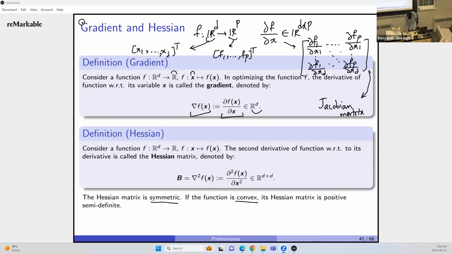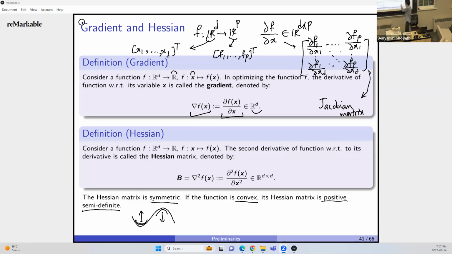And if the function is convex, the Hessian matrix is positive semi-definite. Why? Because if you remember, for scalar functions, when the function is facing up, the second order derivative is positive. When it is facing down, the second order derivative is negative, right? We learned that in high school. But that was for scalar functions.